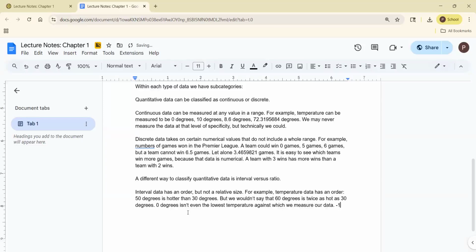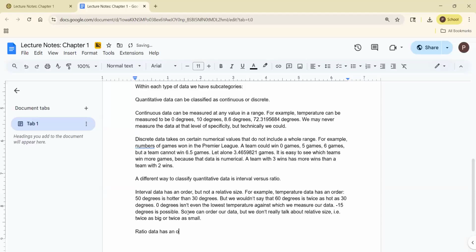There's such things as negative 15 degrees is possible. So we can order our data, but we don't really talk about relative size, about something being twice as big or twice as small.